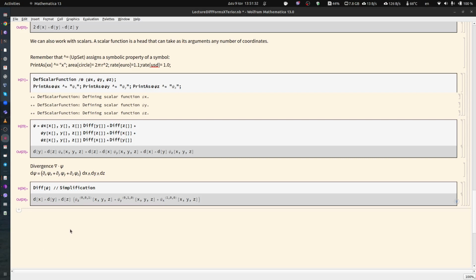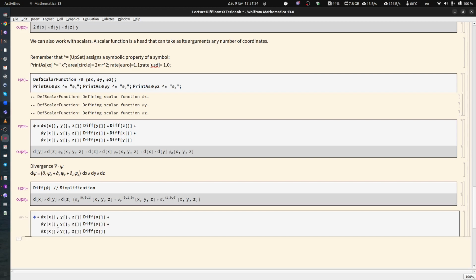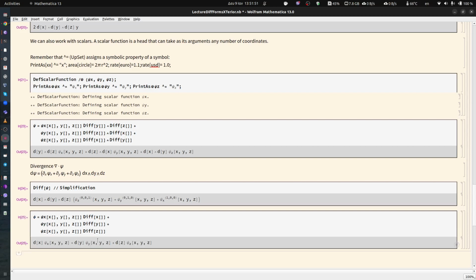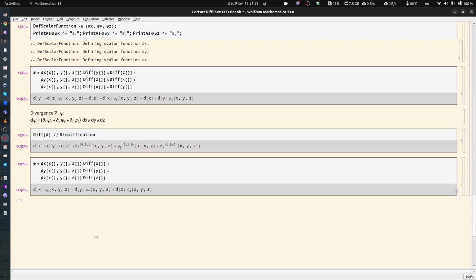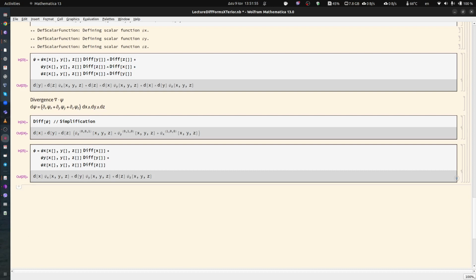Let's now use those colors to define a 1-form with dx, dy, and dz and scalars multiplying it, whose components in this chart are psi x, psi y, and psi z respectively. So you see this form here. It is a 1-form.